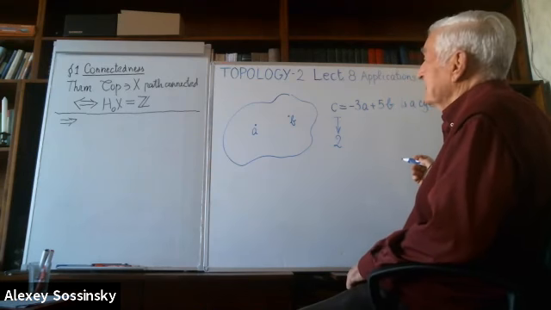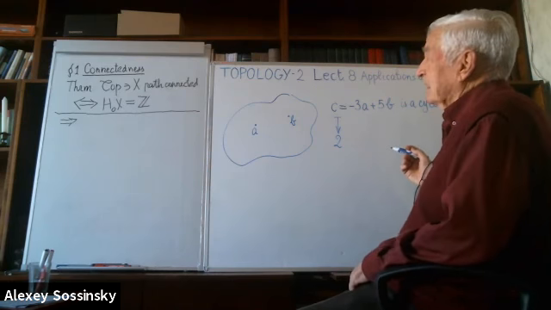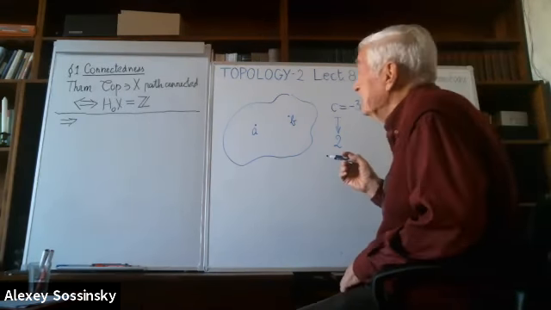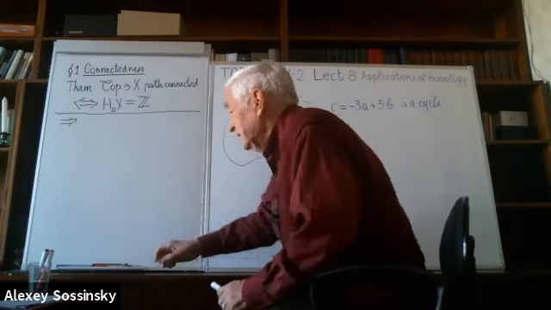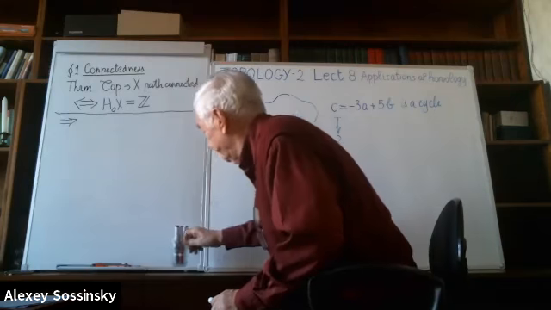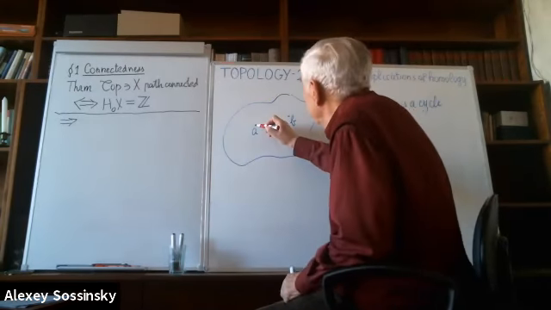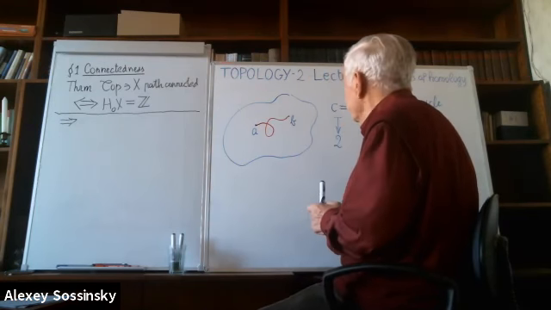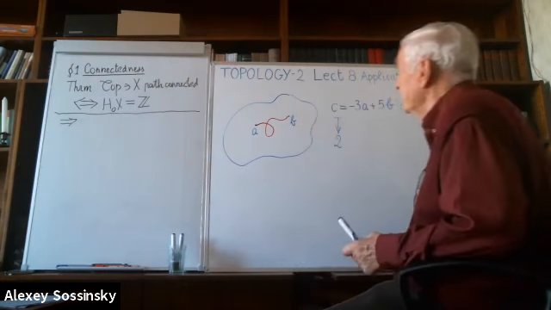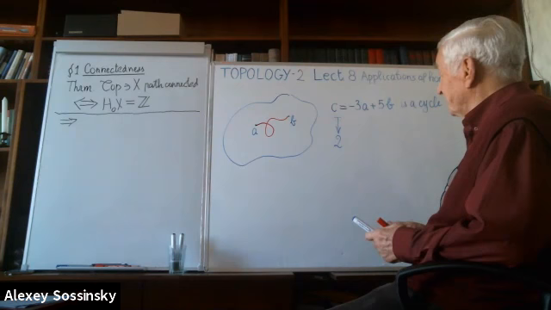Now, since the space is path connected, there is a path joining A and B, and this can be regarded as a singular simplex, a one-dimensional singular simplex.